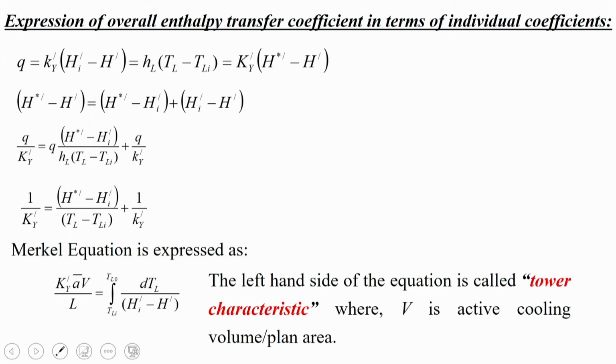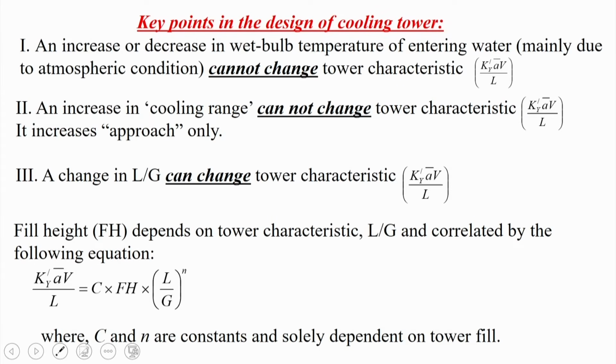The tower characteristic has many features. Take an increase or decrease in the wet bulb temperature of the entering water due to atmospheric conditions. If today the climatic temperature is very low due to some weather effect, or the temperature of the atmosphere is very high, the wet bulb temperature may be more or less, but that cannot change the tower characteristic, because capital K y into A bar into V by L is independent of the wet bulb temperature of the entering water.